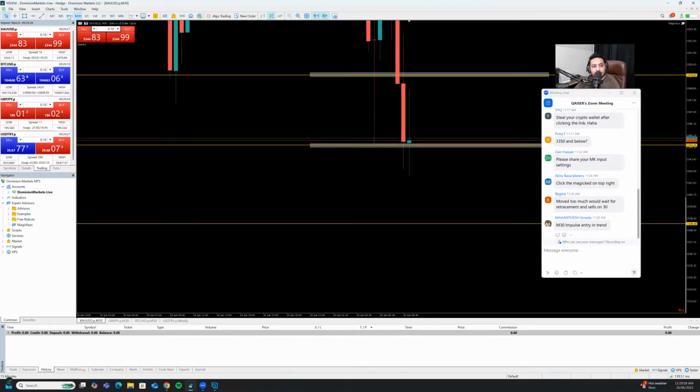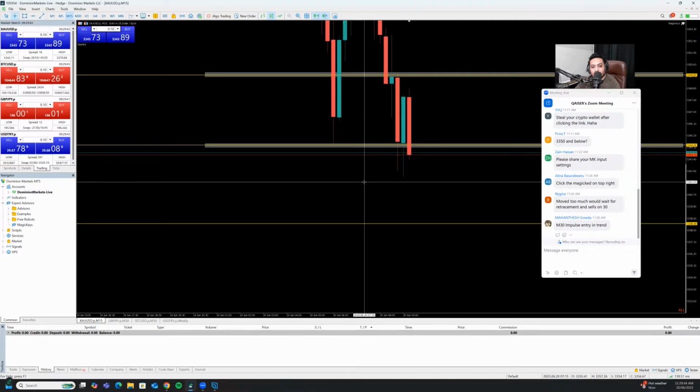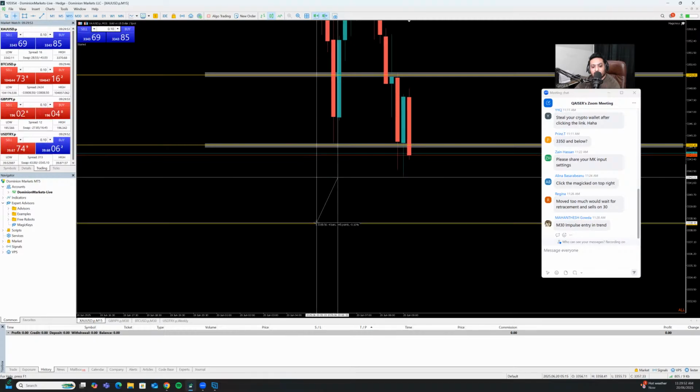So just waiting here. M30 impulse entry in trend. Let's see. There are just a few seconds left for the 15-minute candle to close. I'm just waiting right now.